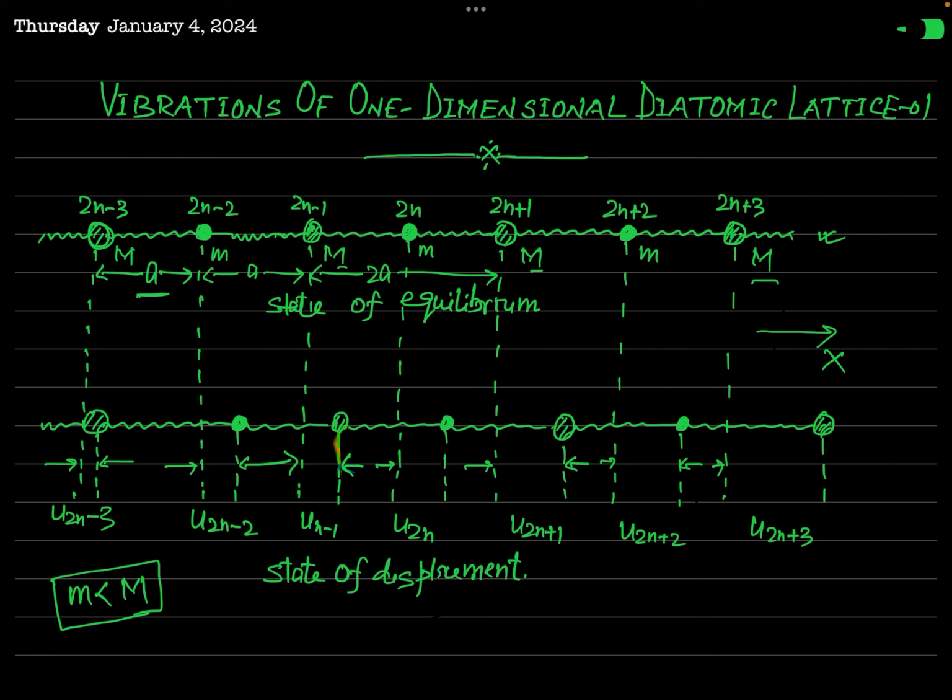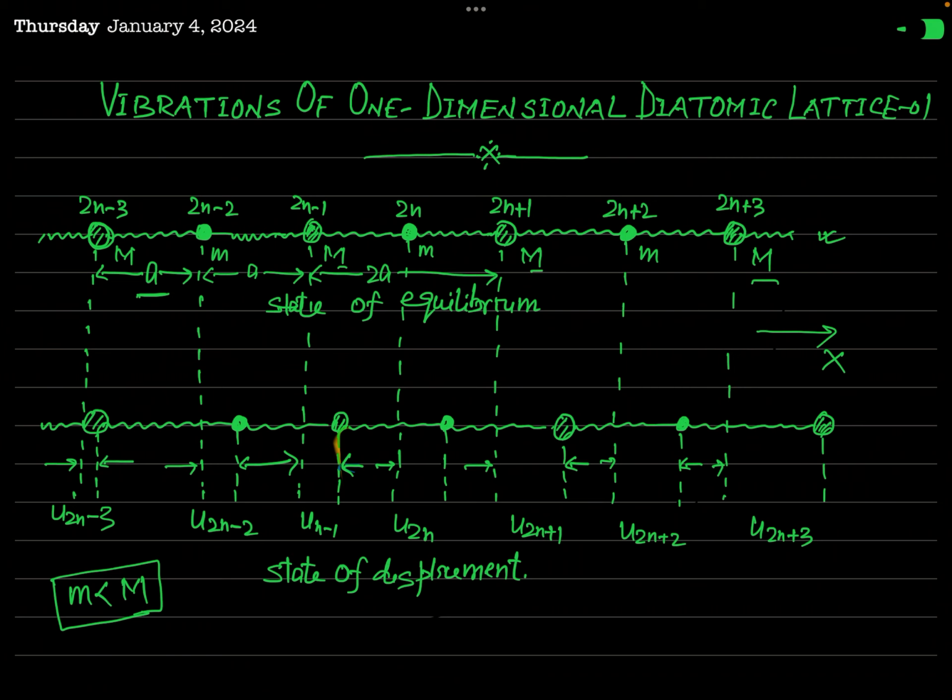So we consider that a plane progressive acoustic wave passes through this lattice, and due to the interaction of the wave with the atoms, they get perturbed and start vibrating about their equilibrium position.